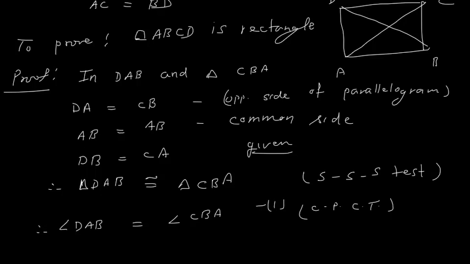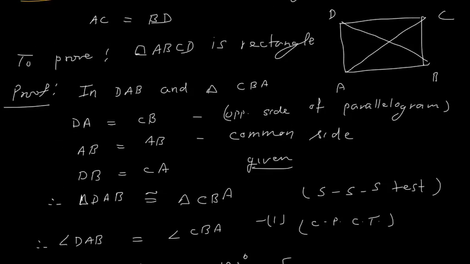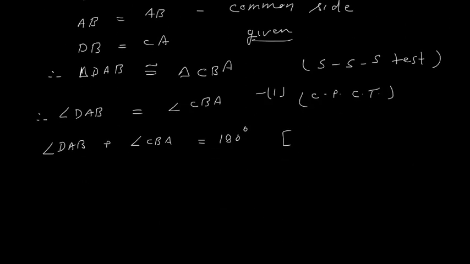Now angle DAB plus angle CBA are supplementary, 180 degrees. The reason is AD is parallel to BC, so interior angles are supplementary. Right?